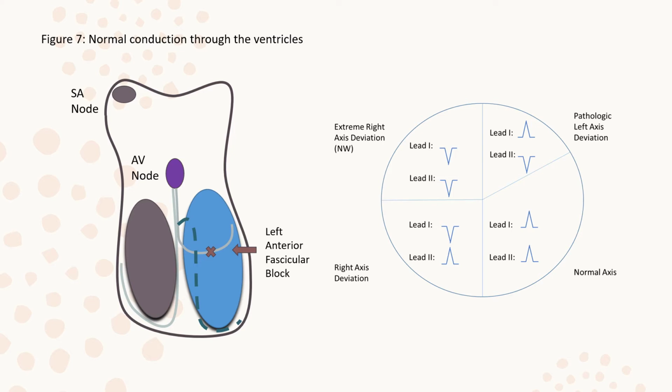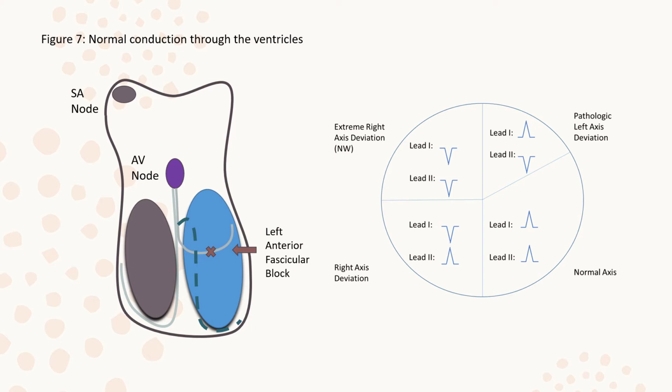So this alone, when you pick out a pathologic left axis deviation, it automatically, unequivocally means that you have a left anterior fascicular block. Okay? So that's an always. When you are interpreting an EKG, you're going to determine the axis, so you're going to say if it's an axis deviation or not. You're going to say if it's pathologic.